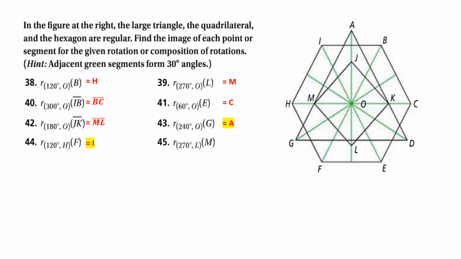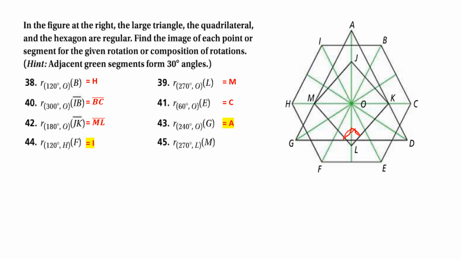But what I thought as I was going around was, well, what do I know? I know that this is a 90-degree angle right here because we have a square on the inside, and it tells us that we have a regular quadrilateral up at the top there. So I know that this is a right angle.